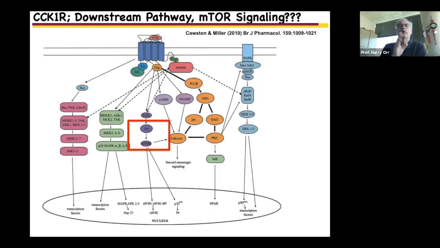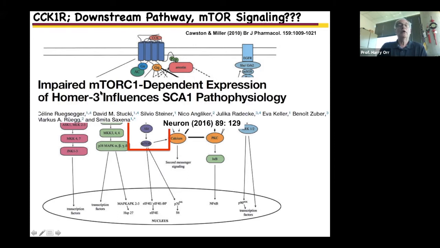Now, if we look at what sort of pathways are stimulated by the CCK1 receptor, one pathway of note is the mTOR pathway. And we're particularly intrigued with this pathway because mTORC1 expression has been shown to be impaired in another mouse model of SCA1, the 154 knock-in mice.